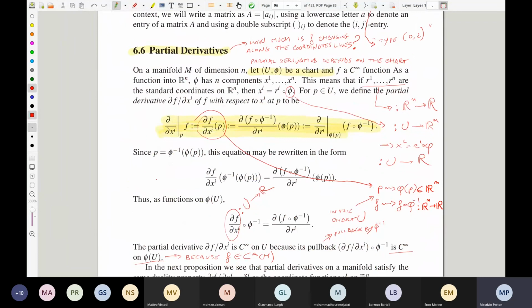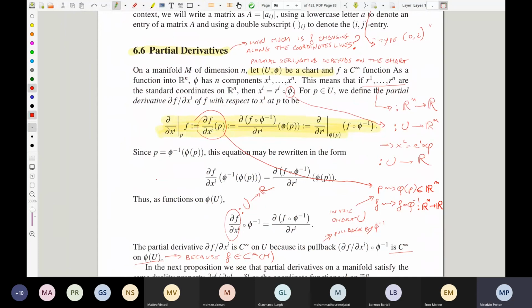Partial derivatives. You know how to do partial derivatives, right? These are derivatives in the direction of x, in the direction of the coordinates. And you know that you have coordinates in the manifolds, local coordinates.